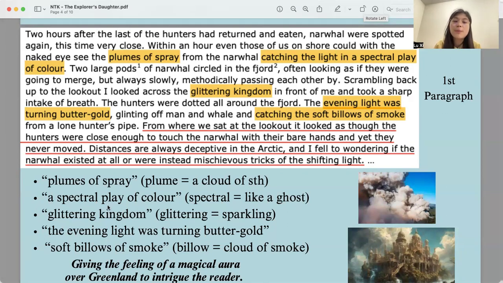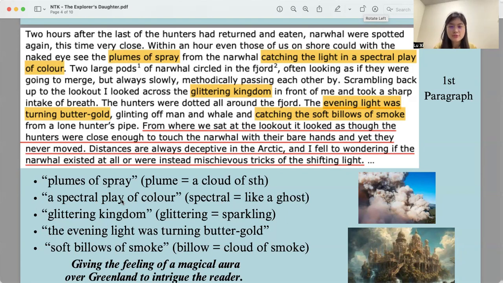Spectral basically means like a ghost. Just imagine a ghost city, a ghost town. So a spectral play of color means the colors are displayed in a variety of ways, making it ghost-like.